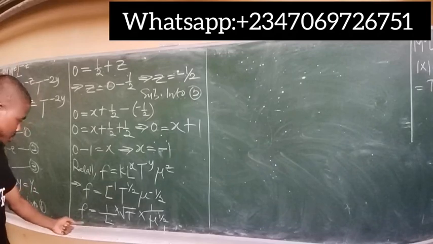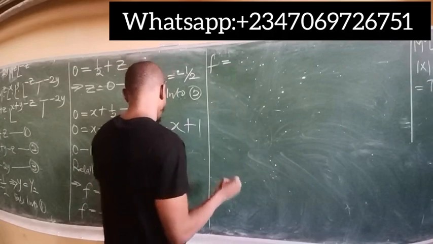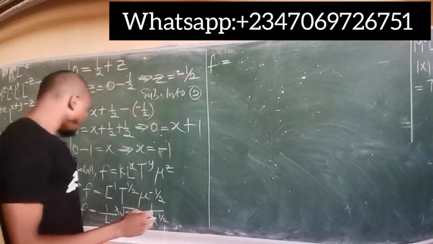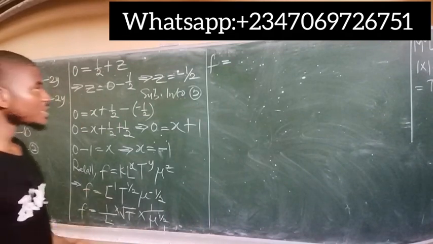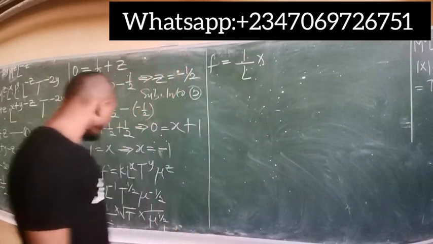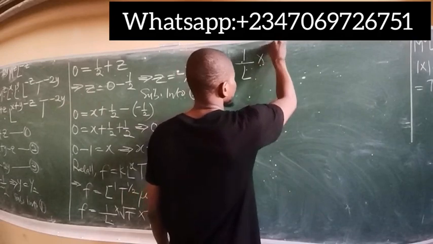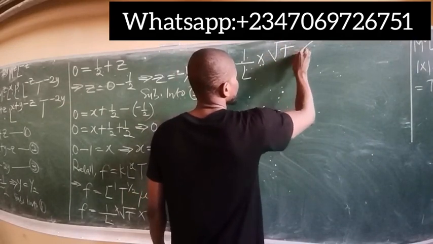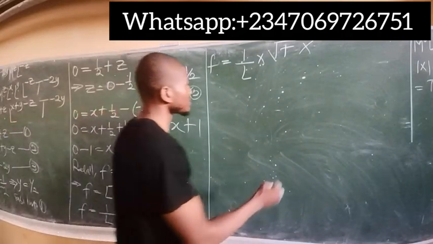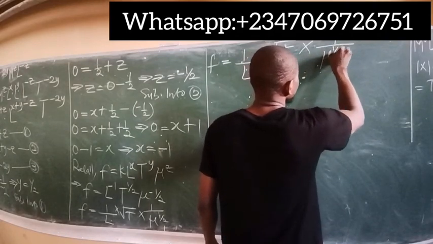Let's just bring back this equation here. I simply said f equals L to the power of minus 1, which can be written as 1 all over L, times T to the power of 1 over 2, which can be simply written as square root of T, times mu to the power of minus 1 over 2, which can be written as simply 1 all over mu to the power of 1 over 2.